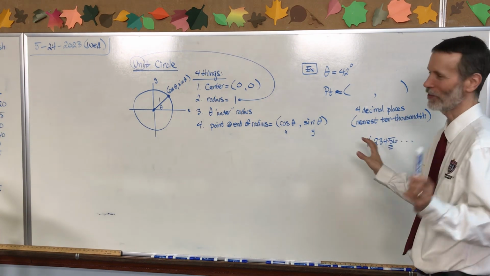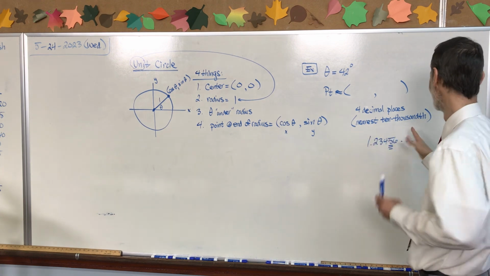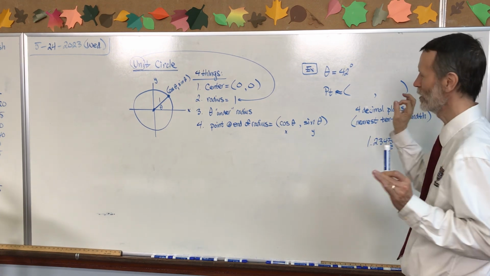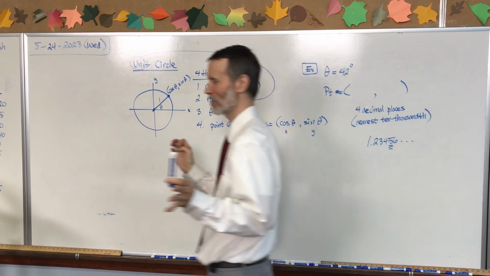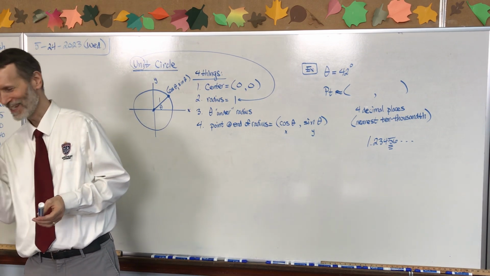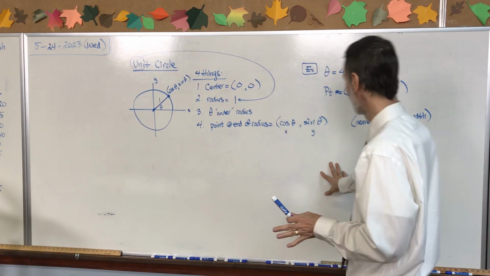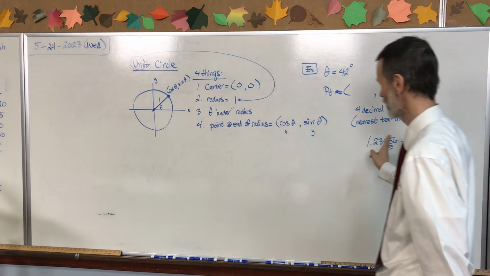So to the nearest ten-thousandth, to the 4th decimal place. Does that make sense? When you punch it into a calculator and you get this big huge decimal, you round to the nearest 4 decimal places. So it does go forever and ever, but we can stop at 4.